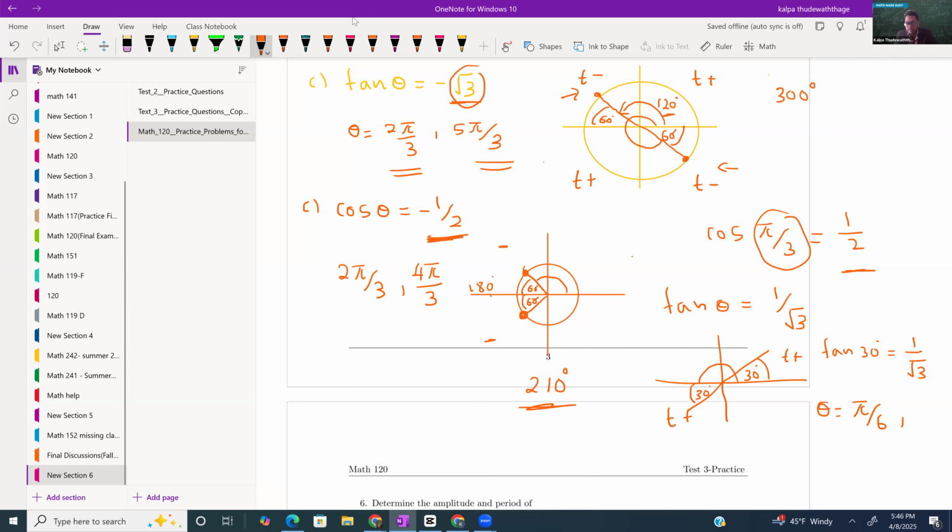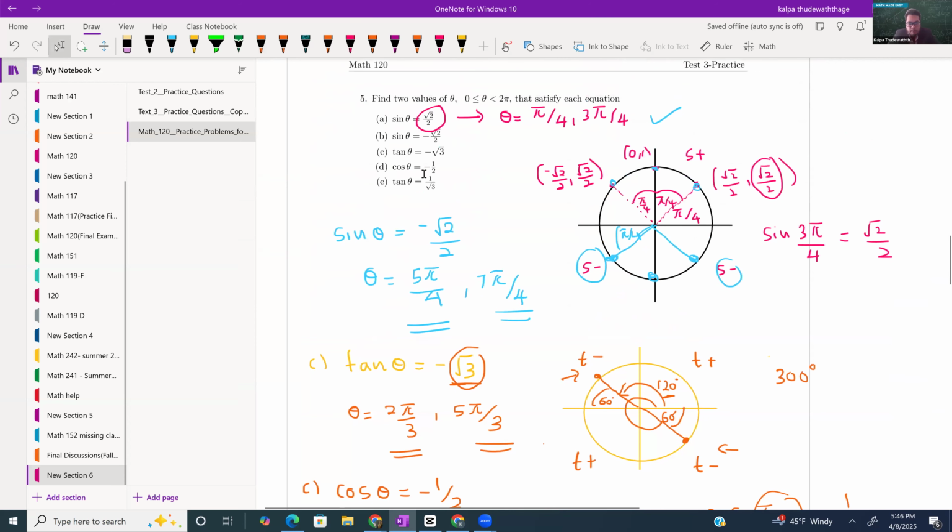If you need it in radians, it's 7 pi over 6. Okay? 7 pi over 6. That's how you do it. Always think about the reference angle by looking at the value, and consider the sign, plus or minus, and find the correct quadrant. Okay, that's all you can do.